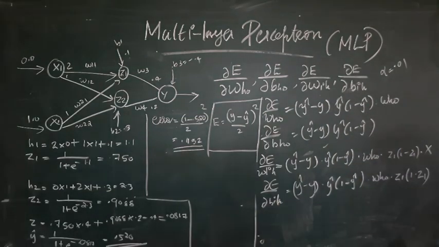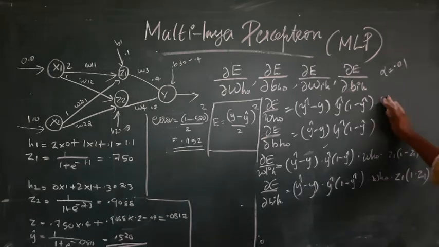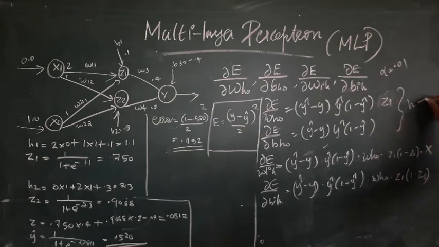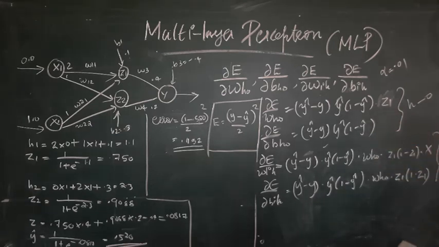So these are the four equations for weight updates: two in the hidden to output layer and two in the input to hidden layer. All these equations are almost the same. Hope the process is clear.